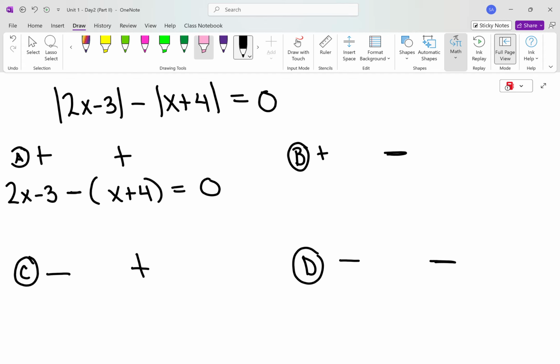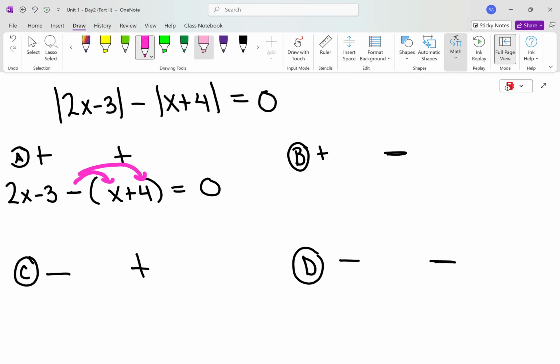Did I need the parentheses around x plus 4? Steven? Yeah. Yeah, why? Because the negative is being multiplied to the x plus 4 in the original equation. Yeah, we're subtracting this whole quantity. If I didn't have the parentheses around it, it would only be subtracting the x. We're subtracting that whole quantity.